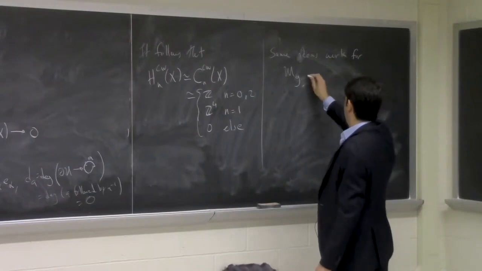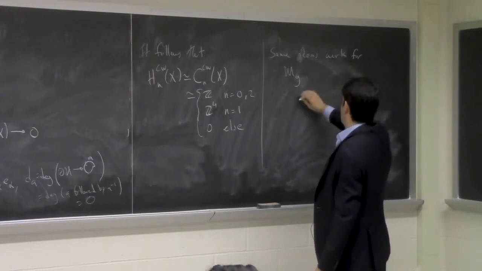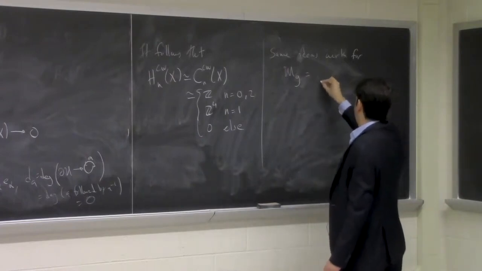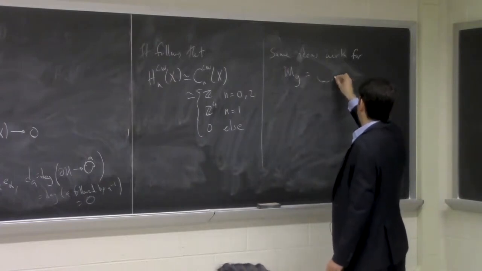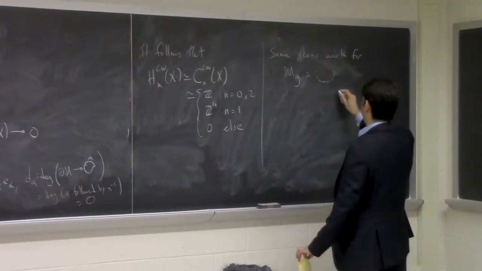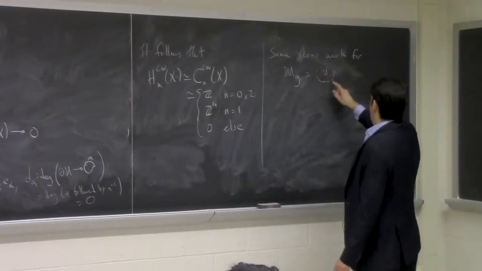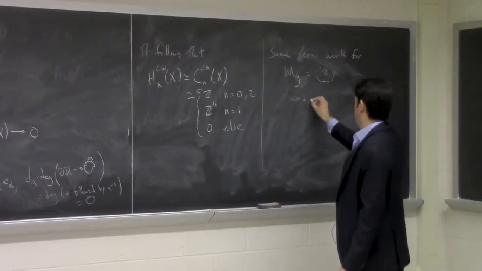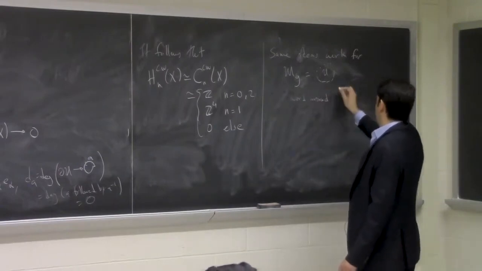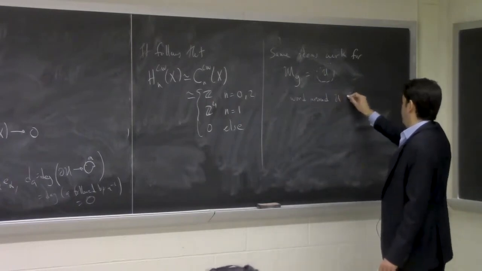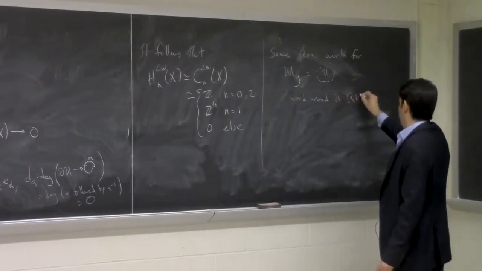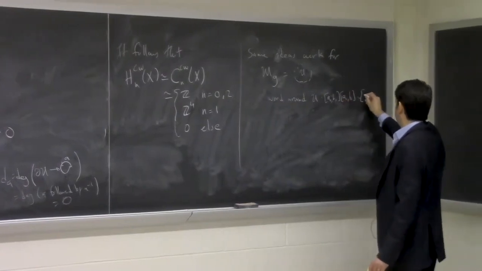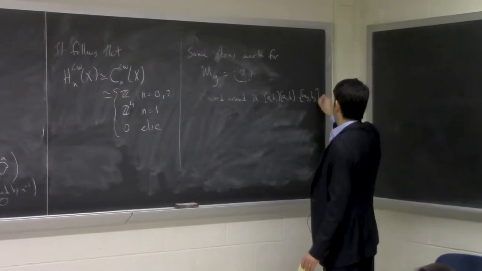Here, the identification space is some polygon with a bunch of sides with the word around it, the word around U, which is just a product of commutators, say A1, B1 times A2, B2, up to Ag, Bg.